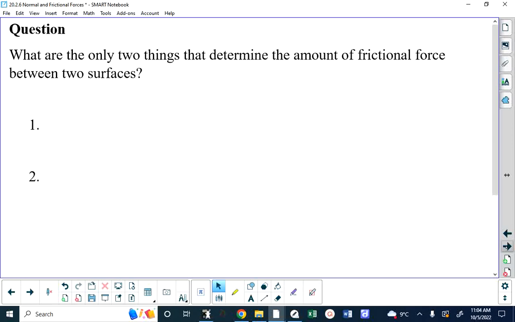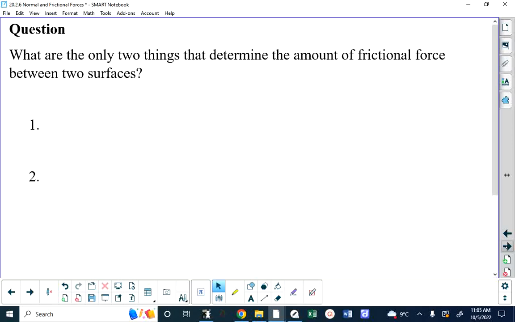And those two things are the two things that the force of friction between this piece of wood and the table depend on, and between my runner and the floor. I want everybody to give some thought as to what two things determine the amount of frictional force. And I think one of them probably comes to mind first.